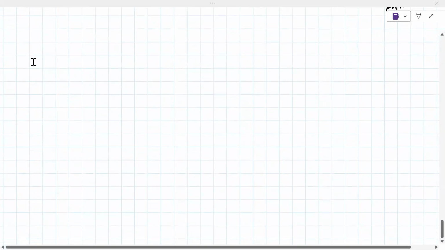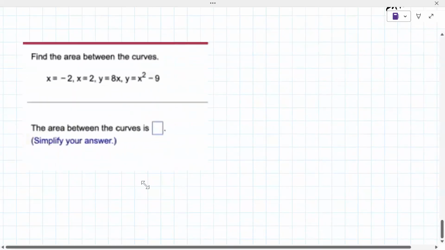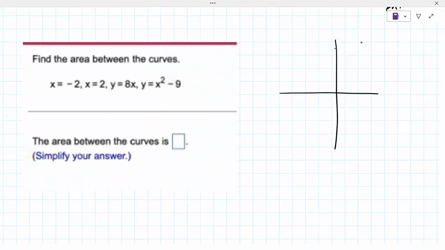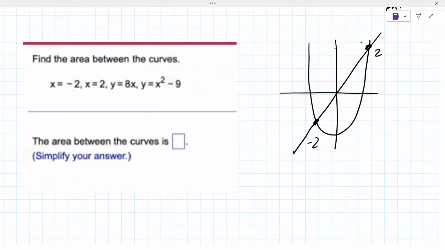These get a tiny bit harder. They give you less information. It says to find the area between the curves. Graphically, this is the x squared, this is the 8x. There's two intersection points, and they're telling you one's at -2 and one's at 2.